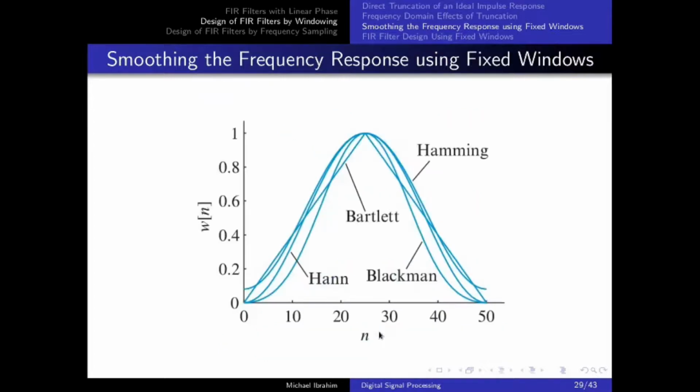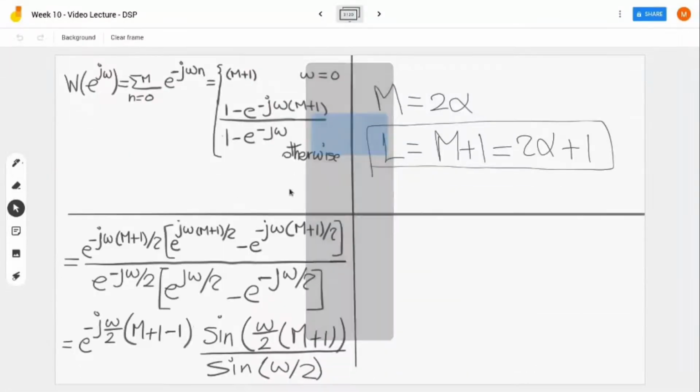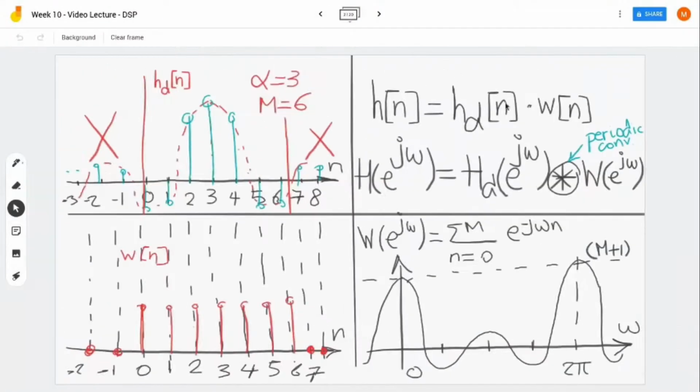The one important feature we need to observe here is that we have a symmetry in the window. Remember that we needed to have a symmetry in the impulse response, that h of n is equal to h of m minus n. The same symmetry must be satisfied in the window, because if you go to our whiteboard, as you can see, the new impulse response is equal to the old impulse response times the window.